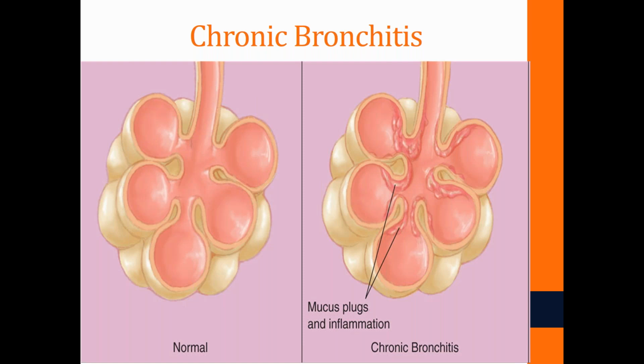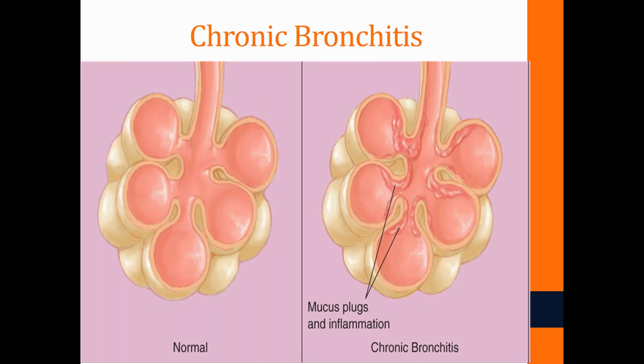And all of that irritation and all of those mucus plugs and all of that coughing will cause inflammation in our alveoli, and it will make that one cell wall thickness that we've talked about thicker with all that inflammation.